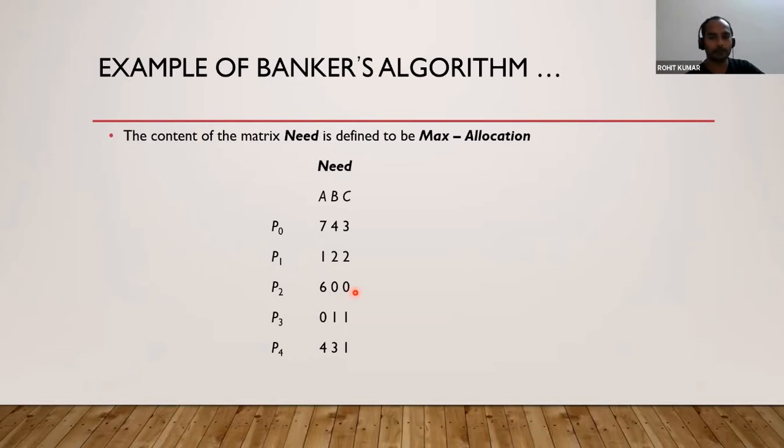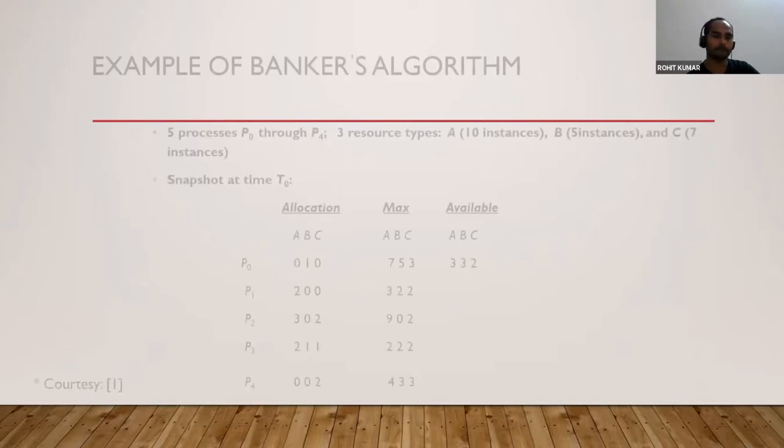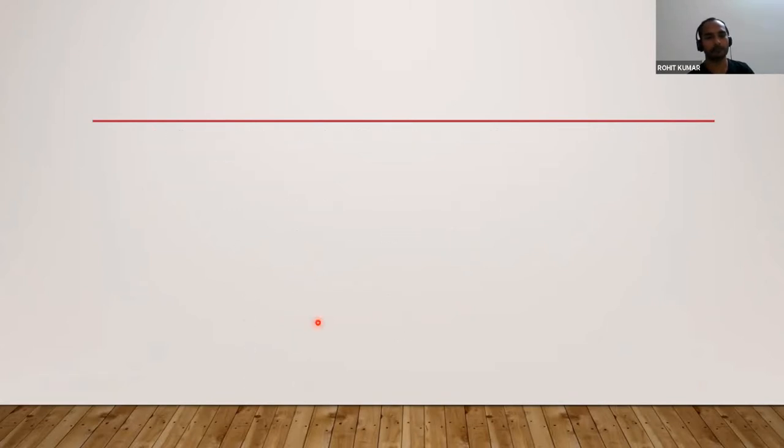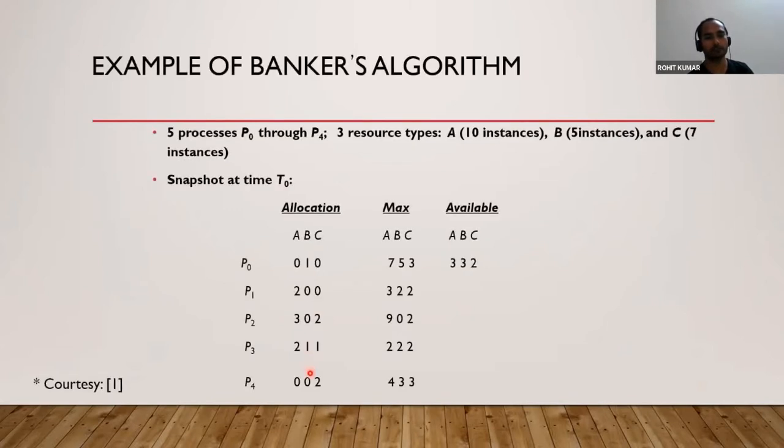Then P2: 7, 5, 3 plus P2's allocation gives 10, 5, 5. And finally, the requirement of P4, because it is the only one remaining. So 10, 5, 5 becomes 10, 5, 7.